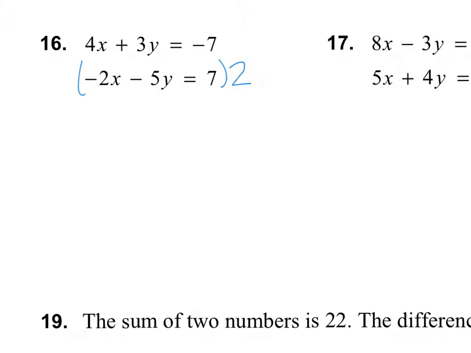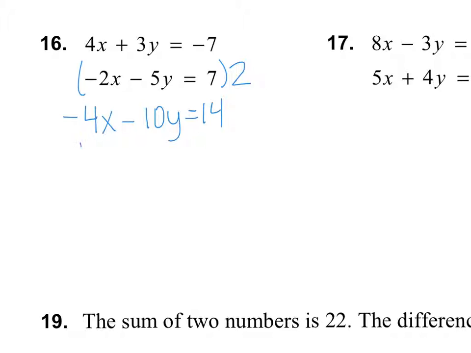So that second equation is going to change to negative 4x minus 10y equals 14. I just want to point out that if you don't multiply every single number by that 2, all three of those parts, you're not going to have the right answer. So everything gets multiplied by the 2.